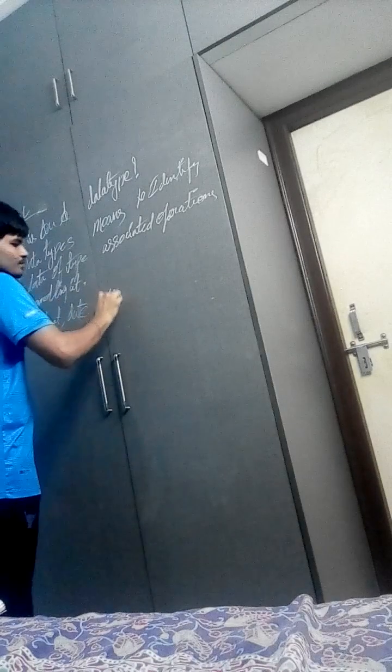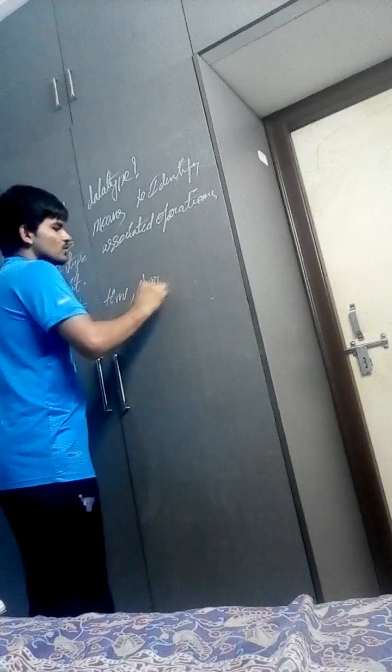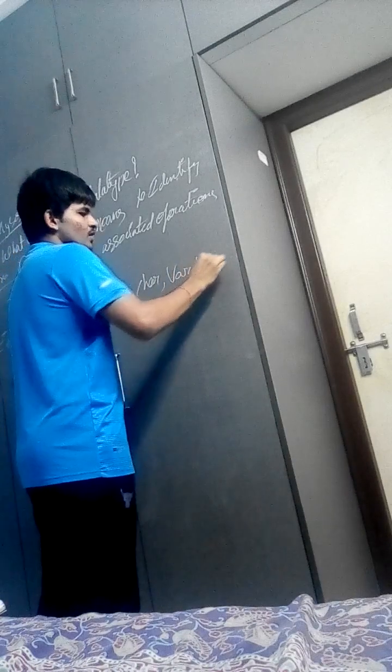Example: int, float, date, time, character, varchar, etc. So what is a data type? A data type means to identify the data type and the associated operations for handling it.